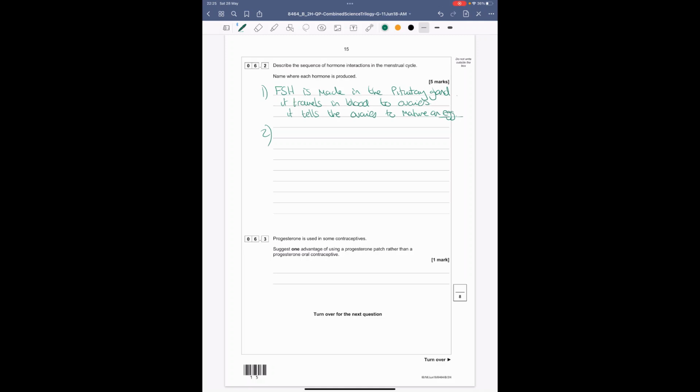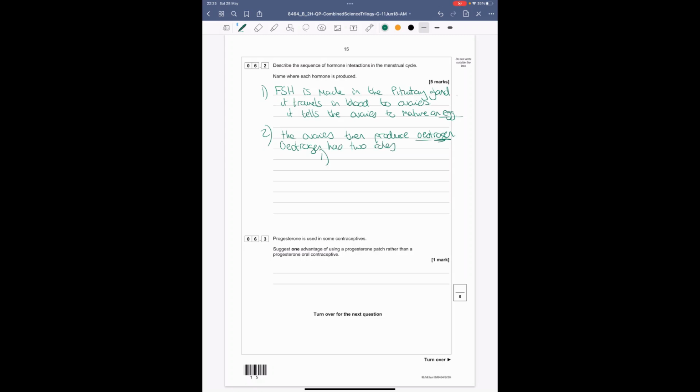Then, once it hits the ovaries and it starts maturing an egg, the ovaries then produce estrogen, which is our second hormone. Estrogen has 2 jobs. Okay, so you could literally just say that. Estrogen has 2 roles.